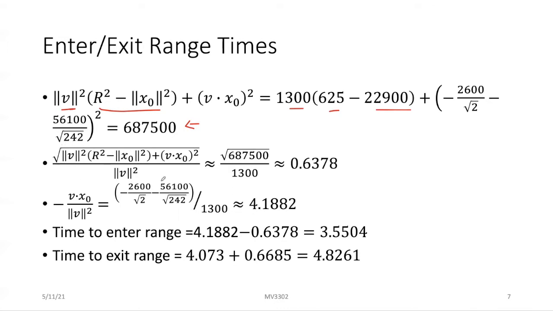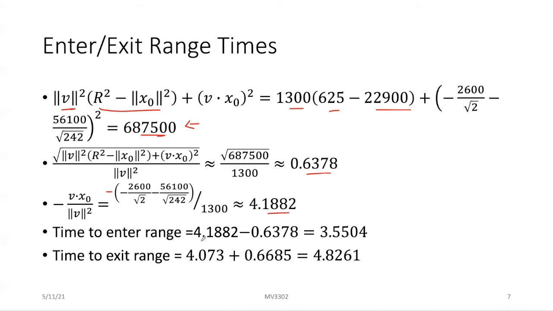Okay, so now we can compute the two elements. Let's do the second one first. That's the square root of this value here, divided by the norm of the relative velocity squared, and now we can finally approximate it. And then the first term, which is minus this, should be a minus here, and that's approximately 4 point something.